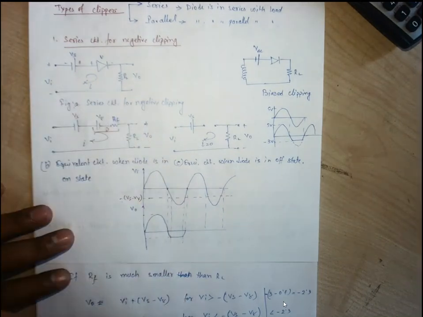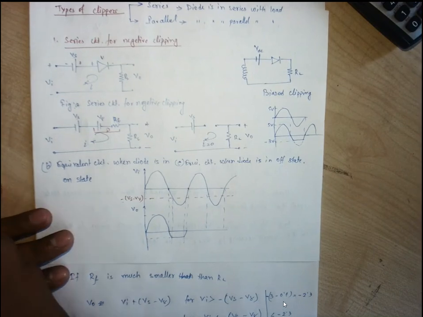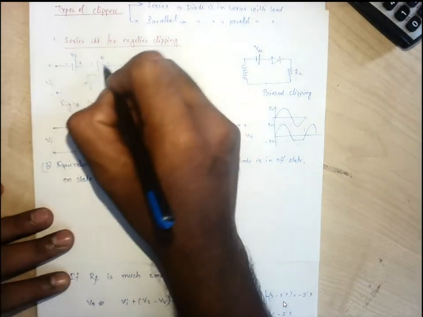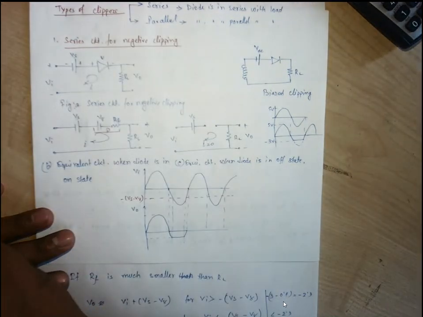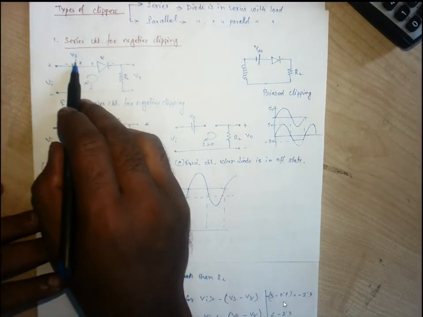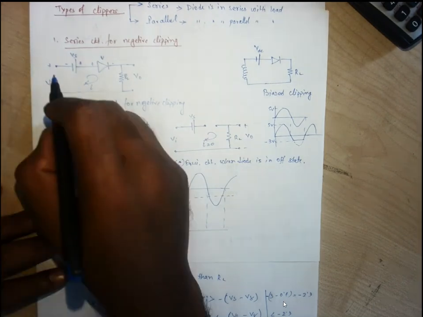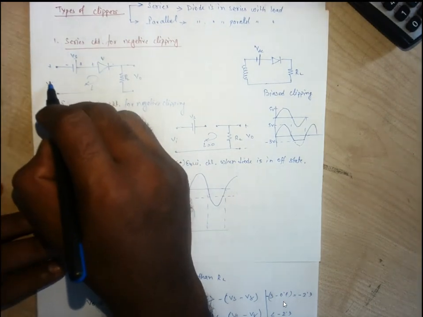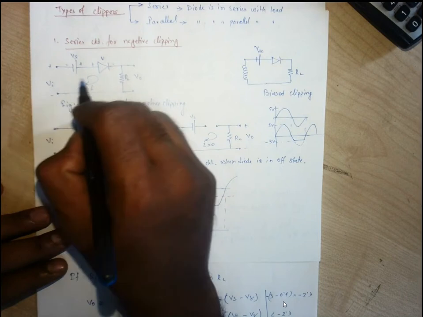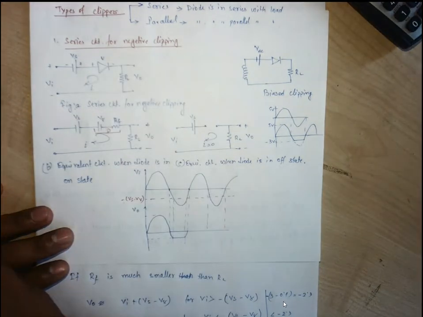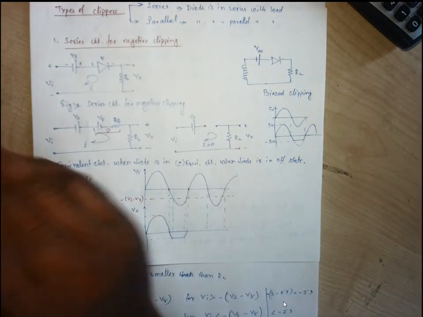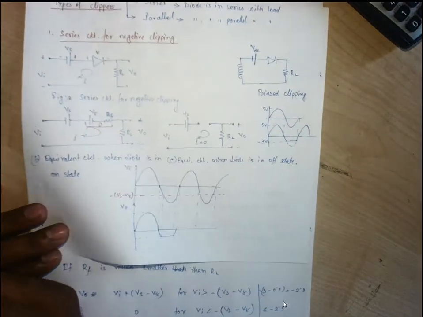If this Vi is not at all applied, this Vs is making this diode on, because the positive of this Vs is connected with the anode. So our diode is on. So if this input is absent, we'll get the output, right? We'll get certain output through this load.